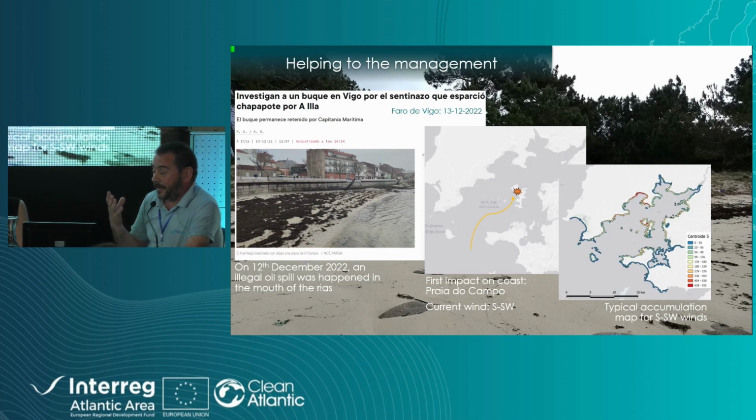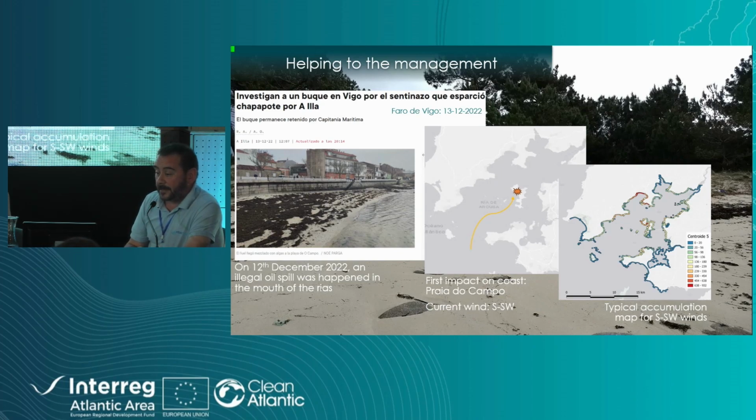But another thing that gives us a lot of certainty is that these typical situations have been seen in reality. And this helps us not only to know where we have to go and try to find litter with a specific type of wind, but also to try to do other things. This is a real, actual case that happened in December 2022, where there was a spill by a boat outside the Arosa Bay.